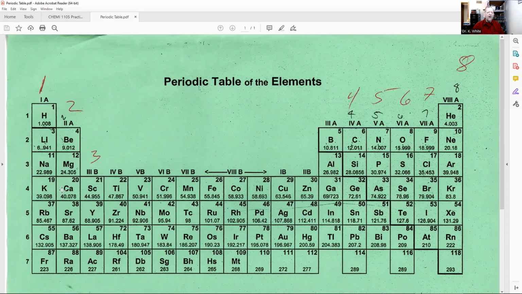Remember, all alkali metals and alkaline earth metals form ions. The alkali metals form a +1, the alkaline earth metals form a +2.